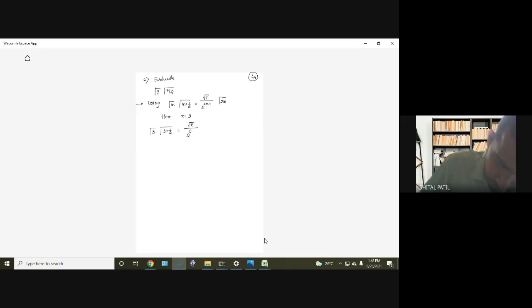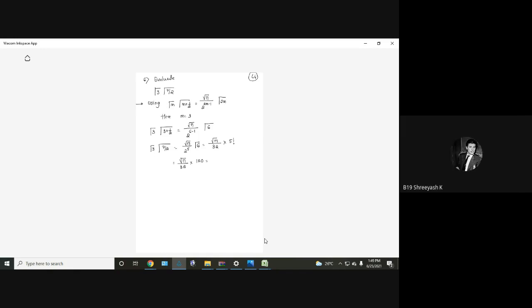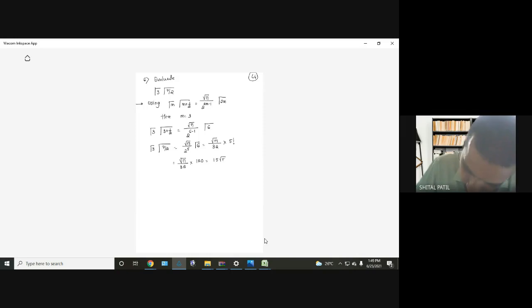Two raised to 2m. Simplify this. 15 root pi divided by 4. Great. This is the answer.